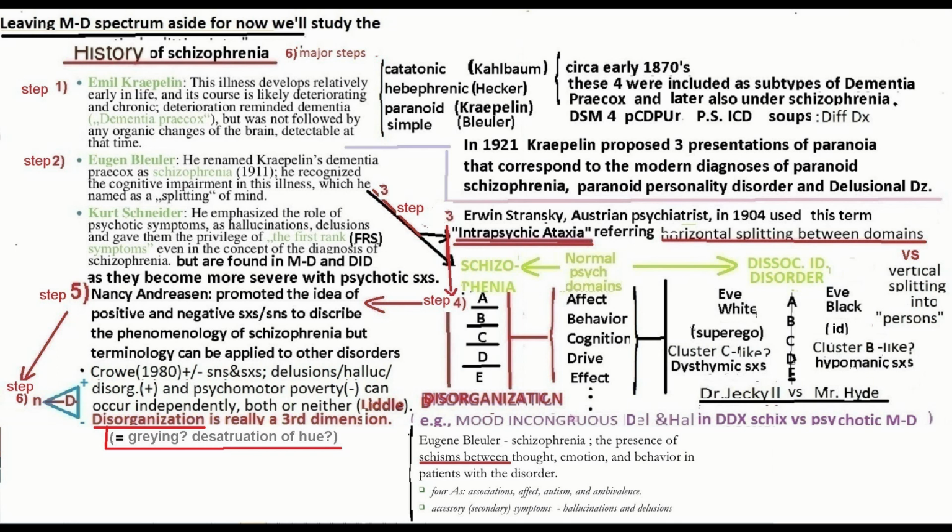Anyway, I think this idea of intrapsychic ataxia is a good one. One example of this, and it is important in diagnosis, is mood incongruous delusions and hallucinations in schizophrenia, where the emotions and the cognitions and thoughts don't stick together, they don't reflect each other.